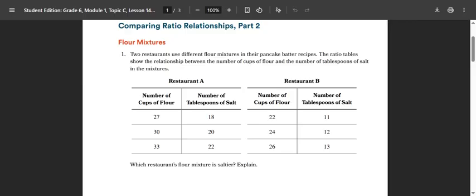And I know that I can multiply 11 by 2 and make it 22. So I can make an equivalent ratio on restaurant B's table by multiplying both parts by 2. That'll give me 22 tablespoons of salt, like I have in restaurant A.